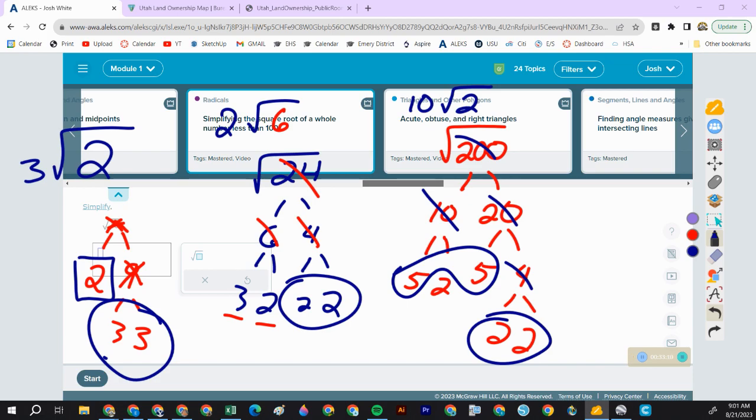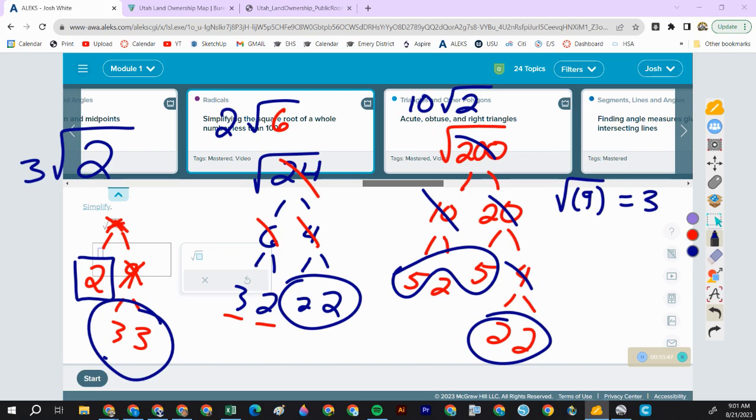Can I put a number in there and get a whole number as an answer? Some of them are odd. Yeah. What number can I square root and get a whole number? How about 9? What happens when you square root 9? You get 3.